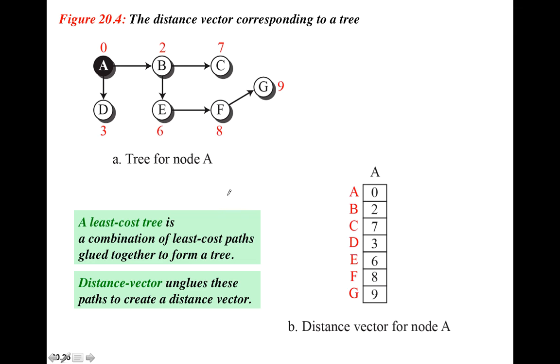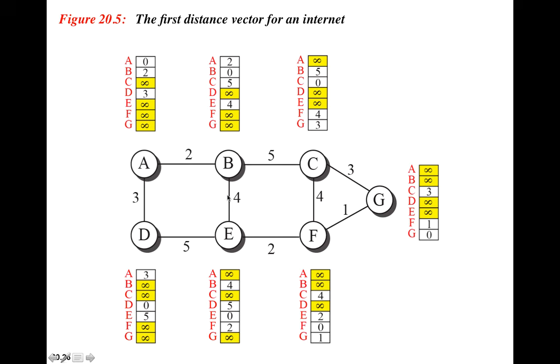So how does this take place? In the first step, right at the beginning, what every node does is it will consider the distance to its immediate neighbors only, right?